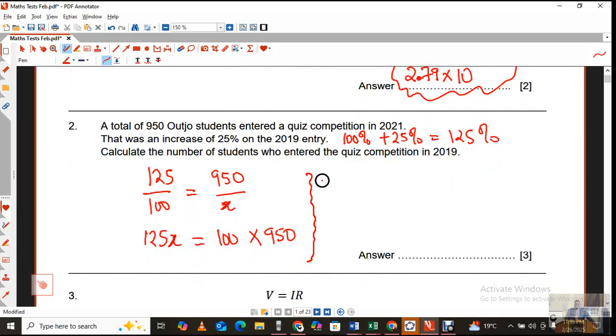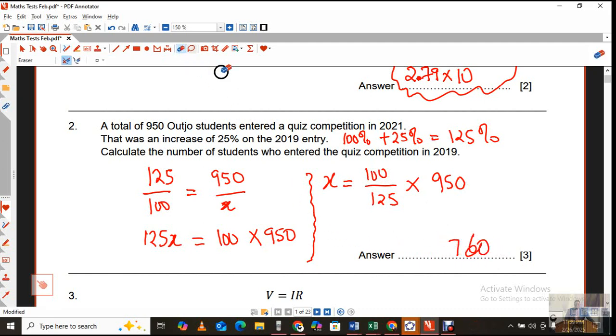That is going to give me x equals 100 over 125 times 950. Can you see where the reverse percentage scenario comes into play? When you do that, you expect to have an answer that is far less than your original answer because that was an increase of some sort. Okay, so 760 is going to be the correct answer.